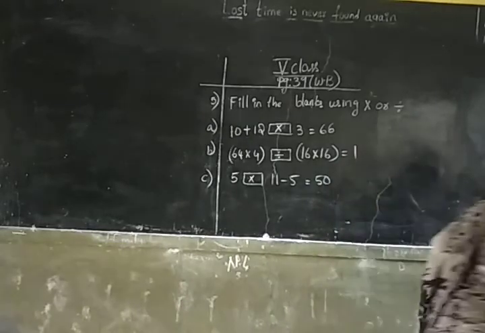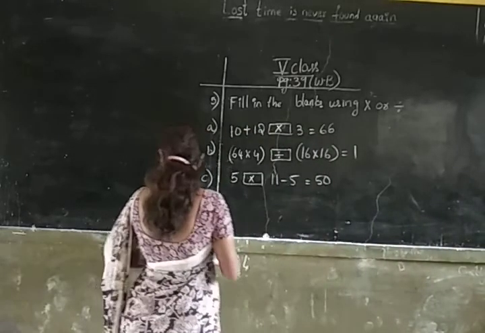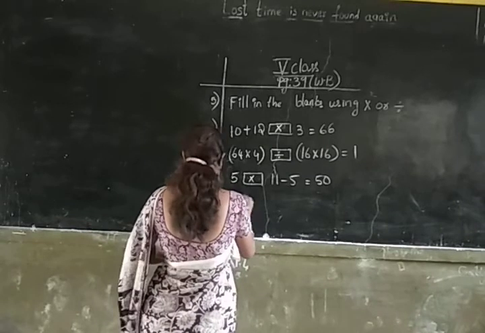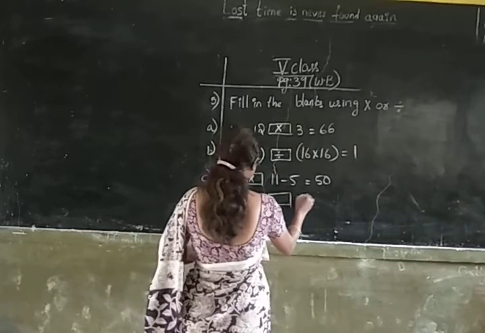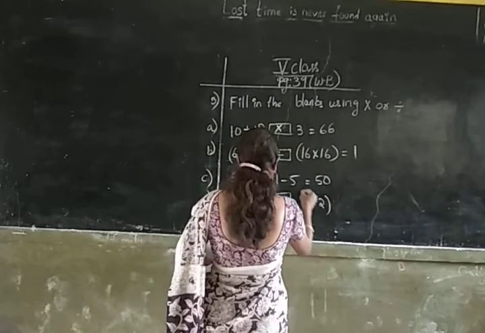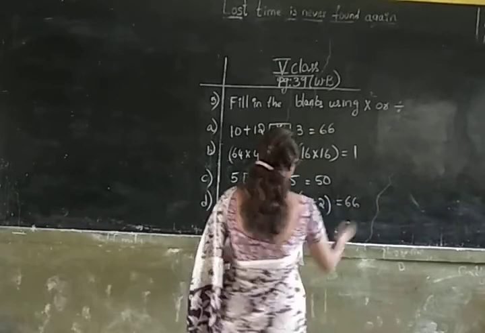Okay, now let us do the D sum. 24 divided by 4 box 9 plus 2 is equal to 66.